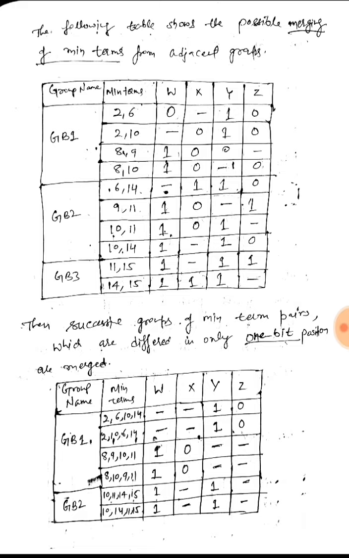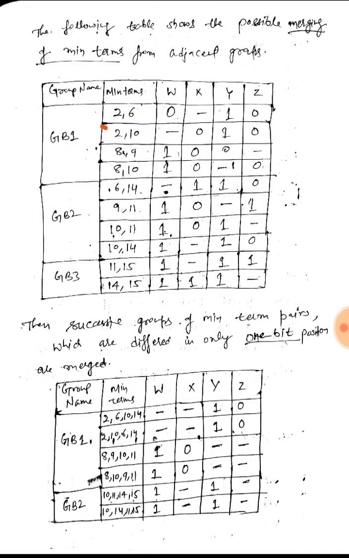So now I have three groups, GB1, GB2 and GB3. Then I form successive groups of minterm pairs which differ in only one bit position. Now I will merge these terms, 2, 6 with another pair of minterms, and I will see if there is only one bit change, like 2, 6, 10, 14.